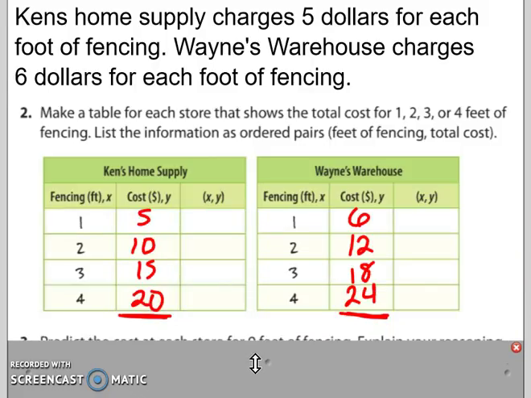All right, this is what your table should look like. Now to make our graph, go ahead and pause the video and make a graph, just like our last graph.